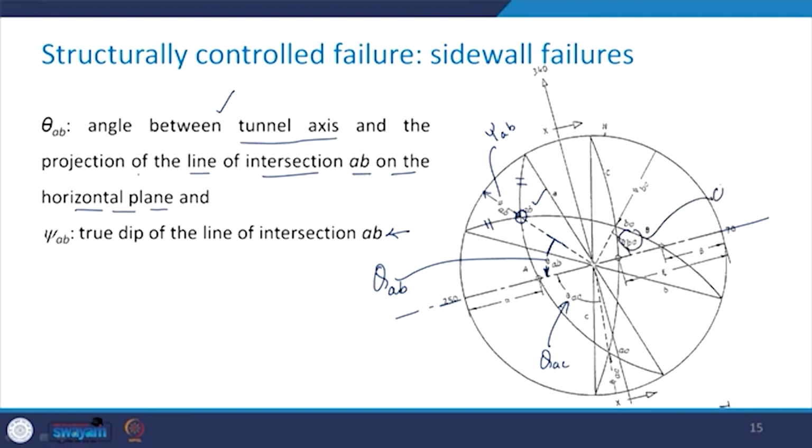and here this angle is theta BC. The expression that we are using to obtain psi ABT, the similar expression we can write for the determination of psi BCT and psi ACT.